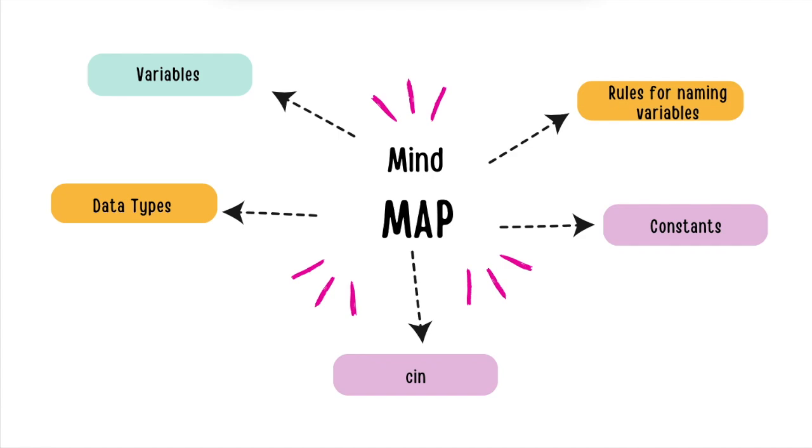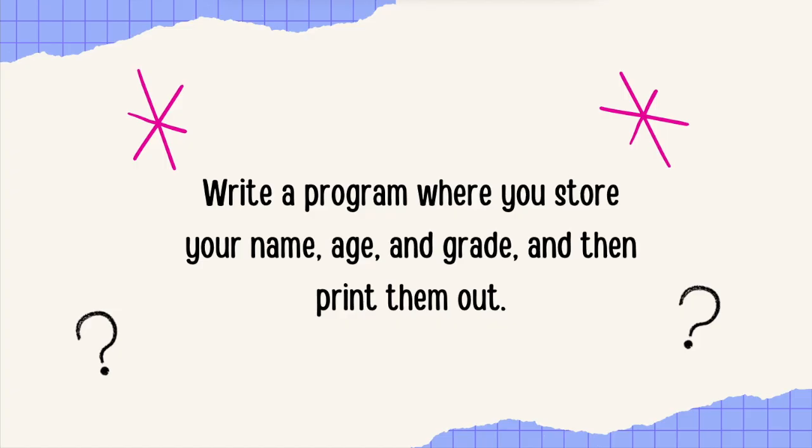In the next lesson, we'll explore operators in C++, like addition, subtraction, multiplication, division, and more. So we can actually do something with these variables. Try writing a program where you store your name, age, and grade, and then print them out.